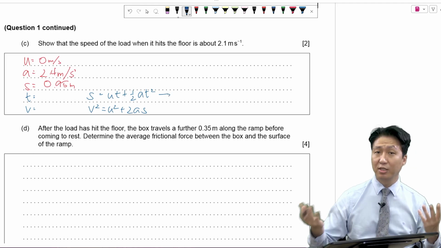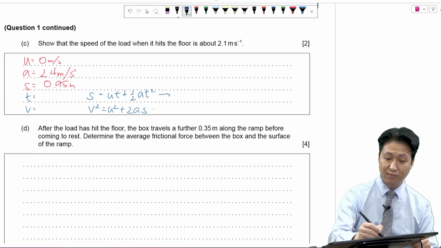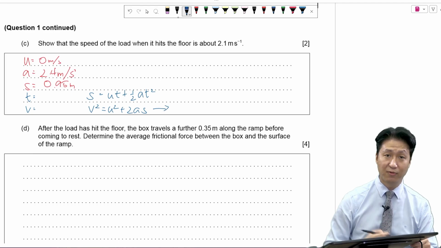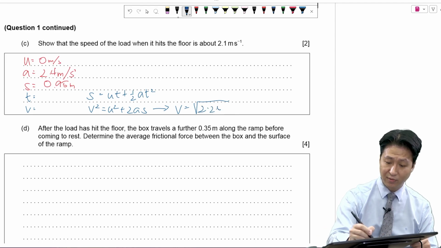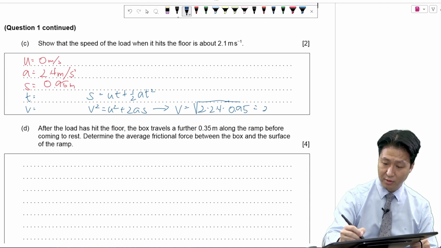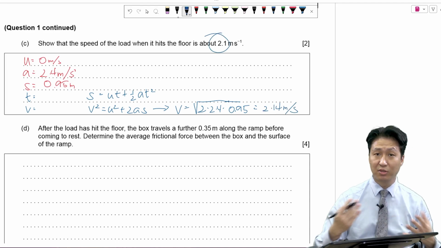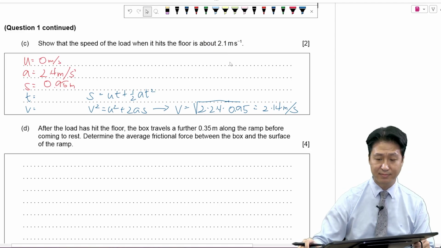And then you can use any of the other three equations to find the velocity. Regardless, if you use the bottom one, just go one step, you'd get that the velocity is the square root of 2 times the acceleration 2.4 times the displacement of 0.95 meters. And that gives us 2.14 meters per second. Since it's a show that question, you have to use one more significant figure than the value that is given.